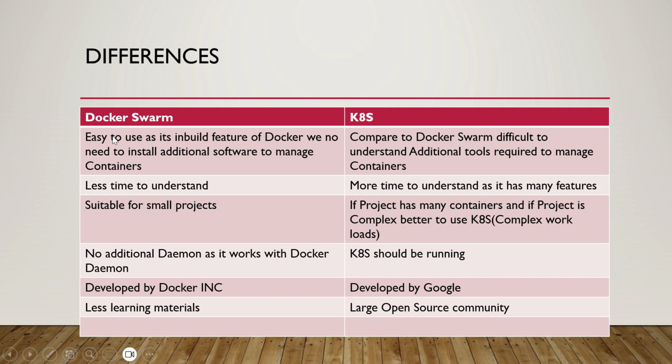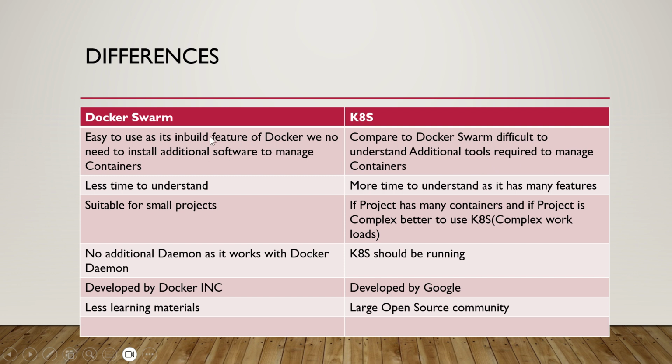As we already know, Docker Swarm is easy to use as it's a built-in feature of Docker. We need not install additional software to manage the containers. To manage the applications running inside a container, you need not install additional tools and features. On the other hand, if you consider Kubernetes, K8s, compared to Docker Swarm it is more difficult to understand, and additional tools are required to manage the containers.